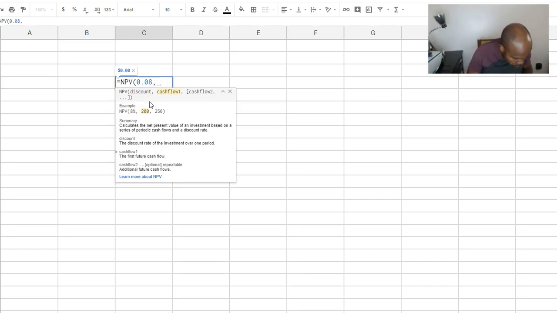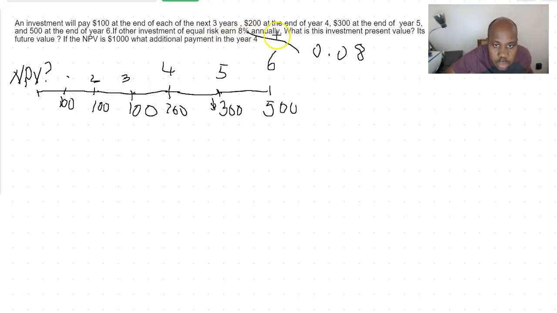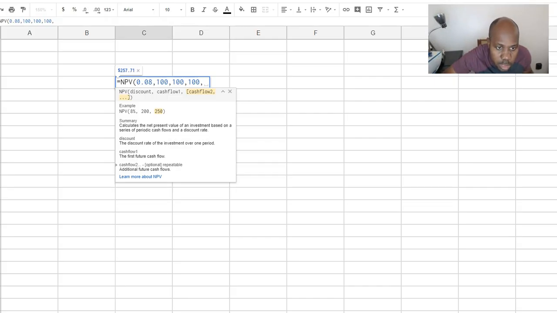And then cash flow one is going to be $100, first year. Cash flow two, $100, second year. Cash flow three, $100 again. And then cash flow four is gonna be $200 at the end of year 4, and $300 at the end of year 5, and finally $500 at the end of year 6.